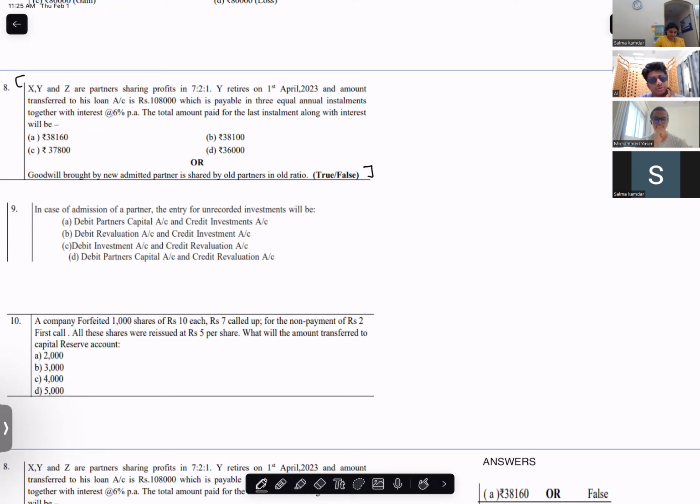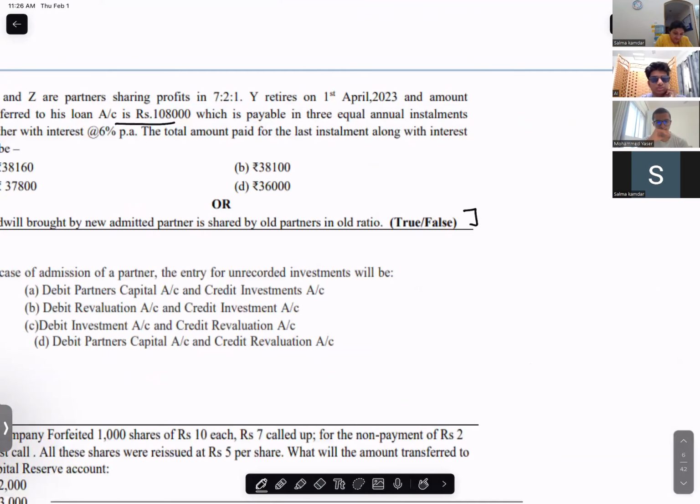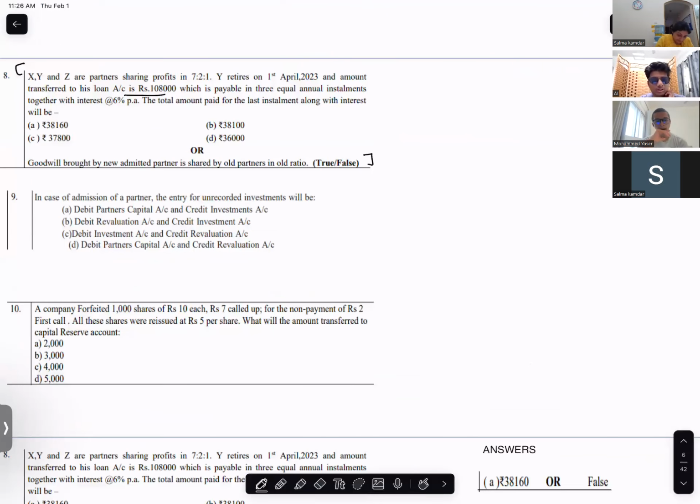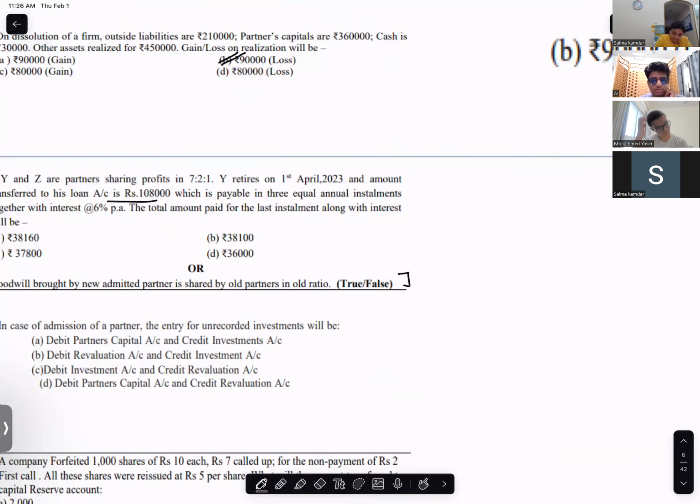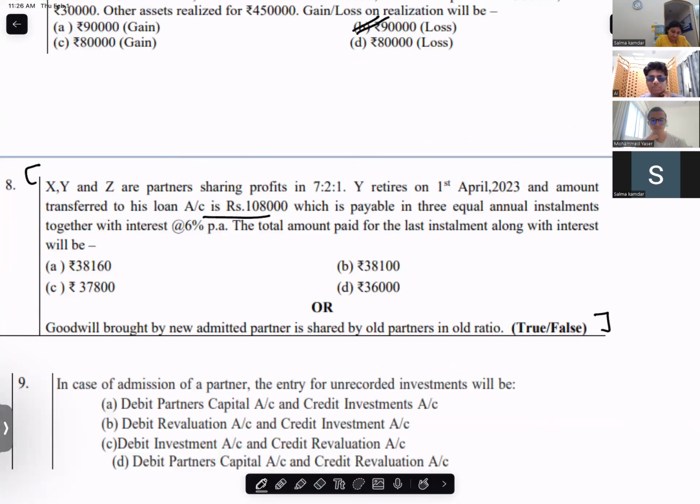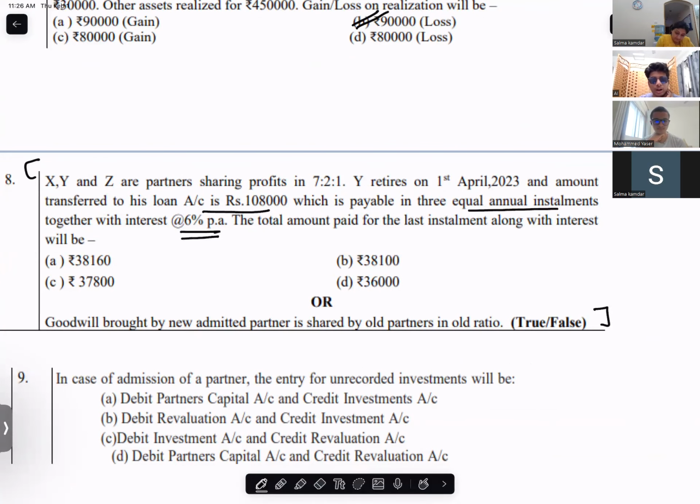Y retires on 1st April 2023 and the amount transferred to his loan account is rupees 1,08,000, which is payable in 3 equal annual installments together with interest at 6% per annum. The total amount paid for the last installment along with interest will be?